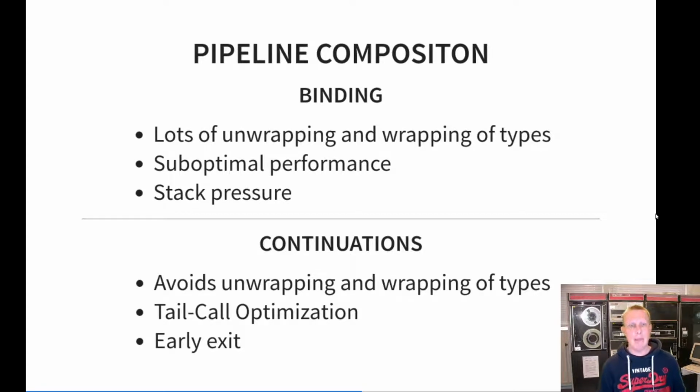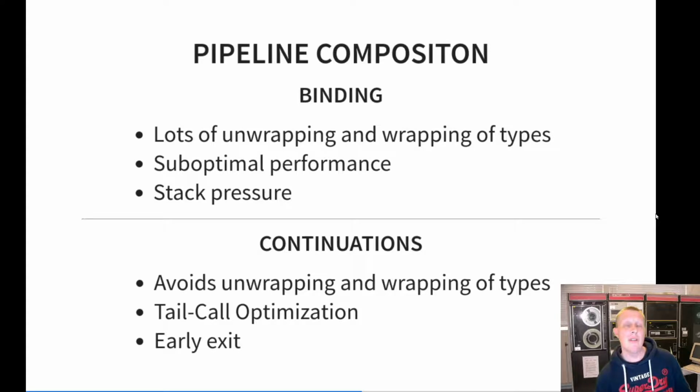But when you start composing these things, it's an async with some context object in an option, and every time you bind to get the result from the previous computation into the next one, there's a lot of wrapping and unwrapping going on. A lot of the time this is unnecessary, because the stuff you're actually doing might not be asynchronous. So you're doing a lot of unnecessary work, and this is suboptimal for performance.